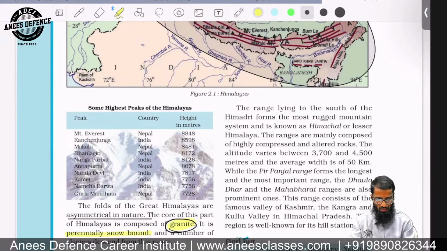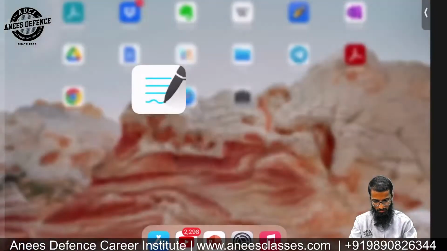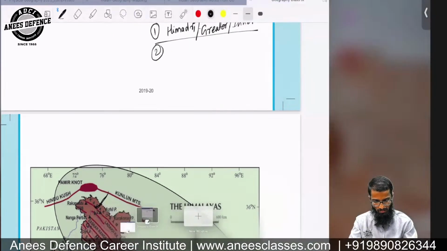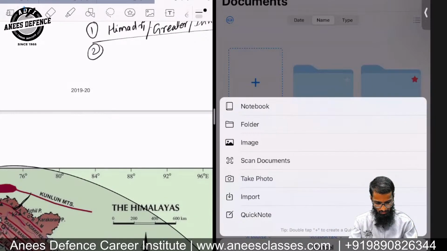The range lying to the south of the Himadri forms the most rugged mountain system known as Himachal. So the second point is Himachal.